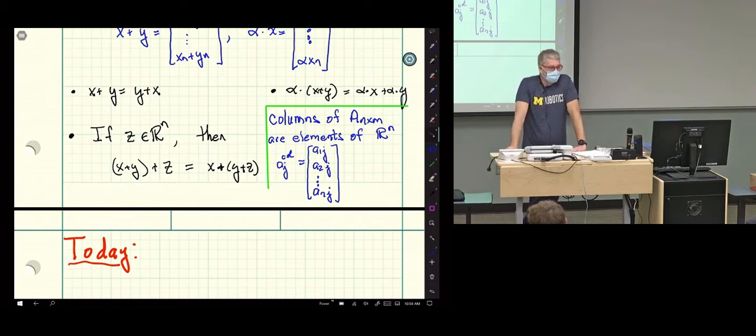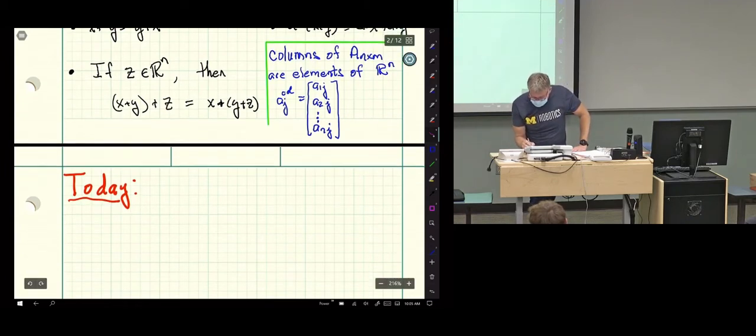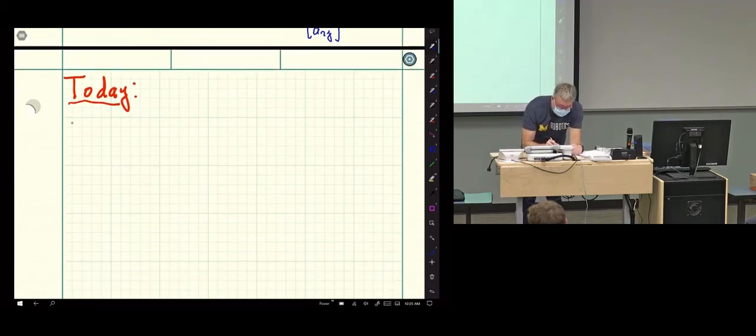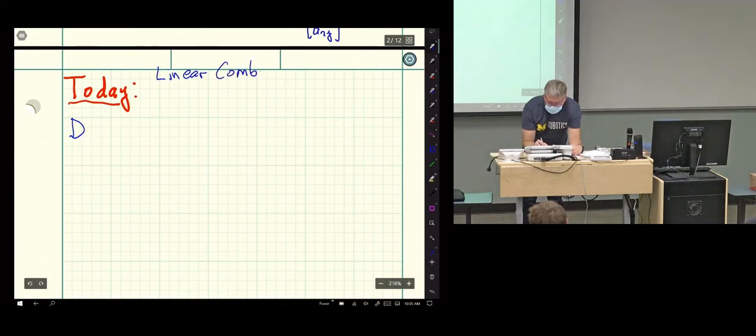Okay, ready to move forward with this setting? Let's see what we can do. So our first concept today, we're actually going for two concepts: linear combinations and linear independence.